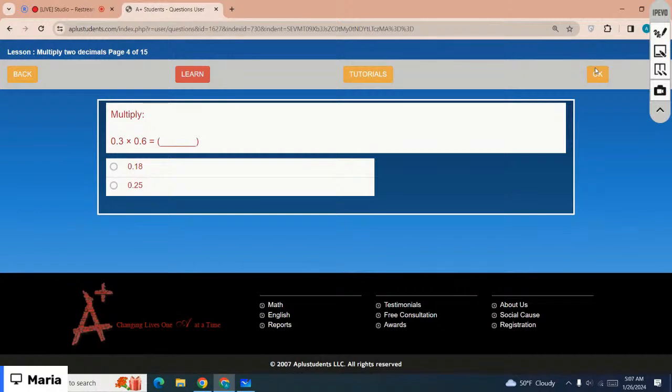The correct option is, yes, that is 0.18. Option number 1 is the correct option. Very good.